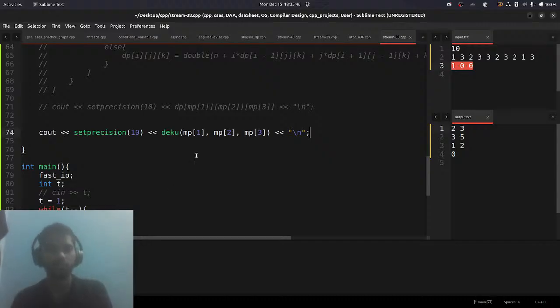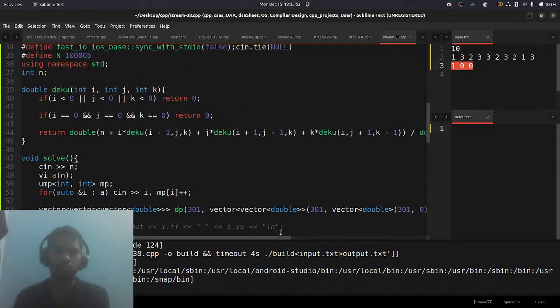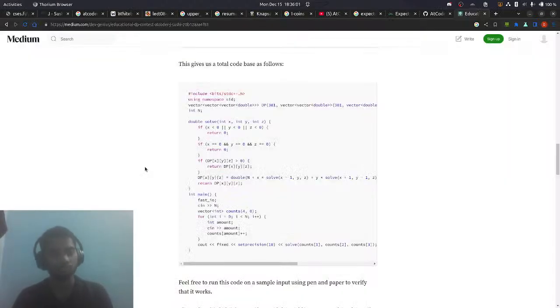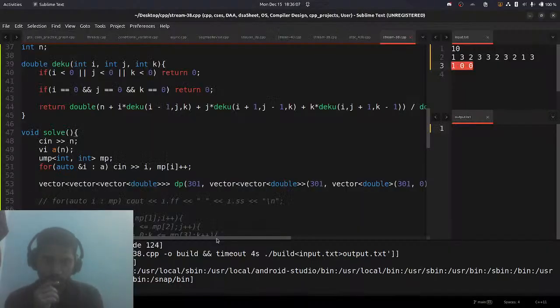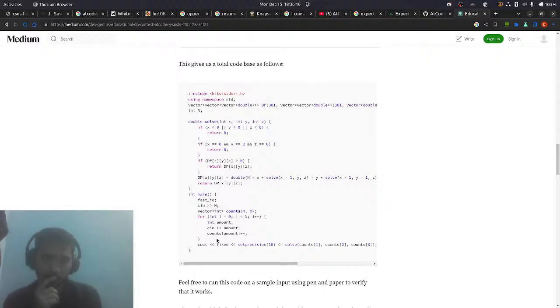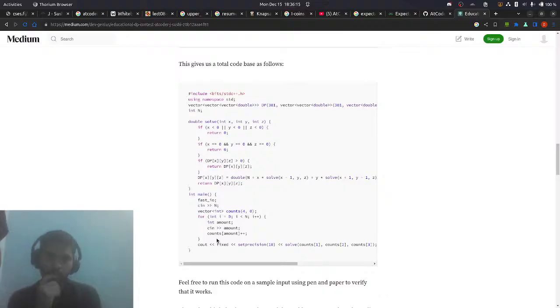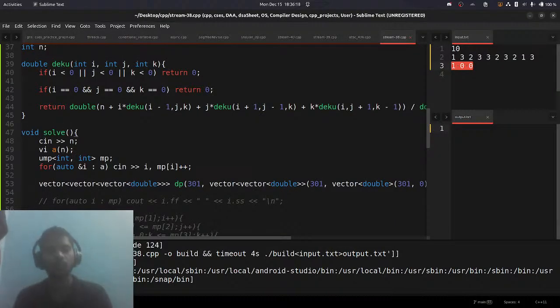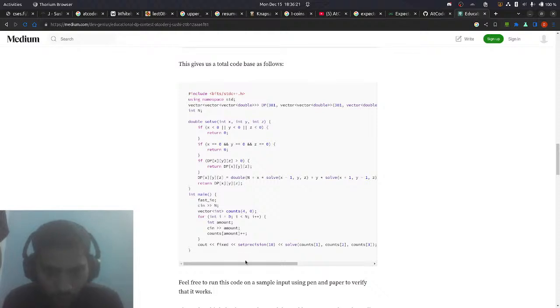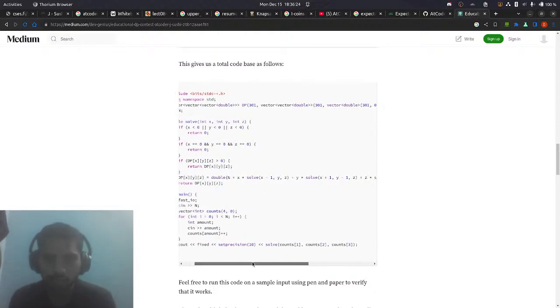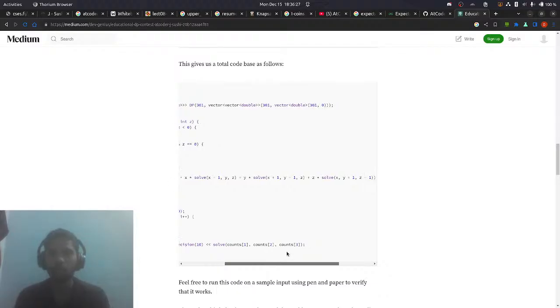Let's see. I don't see any issue here in my implementation, but still it is not working. Why?